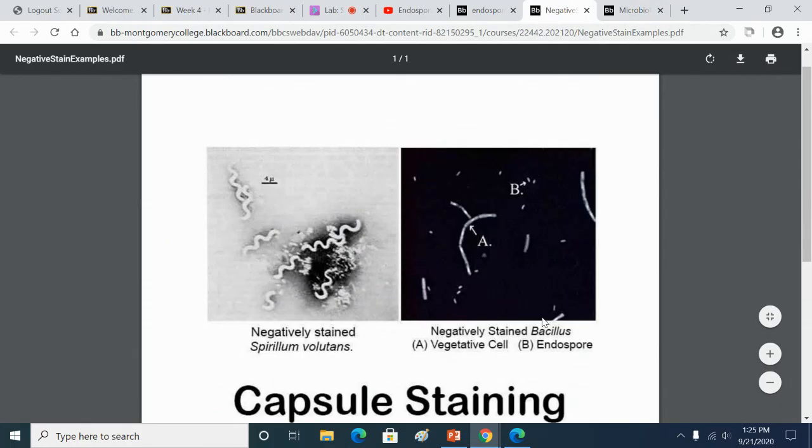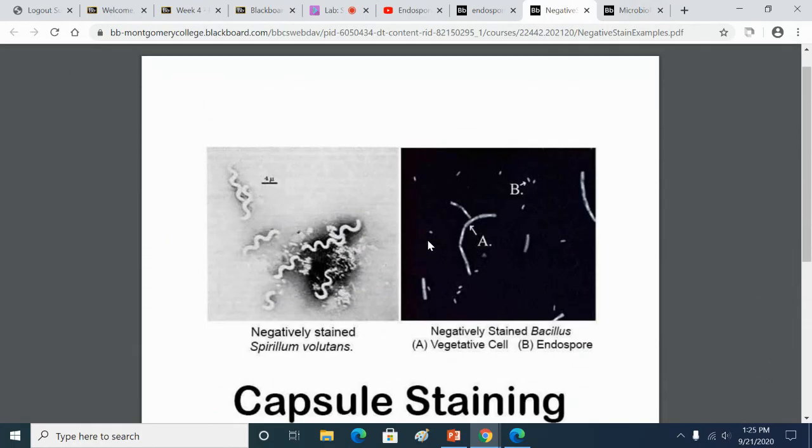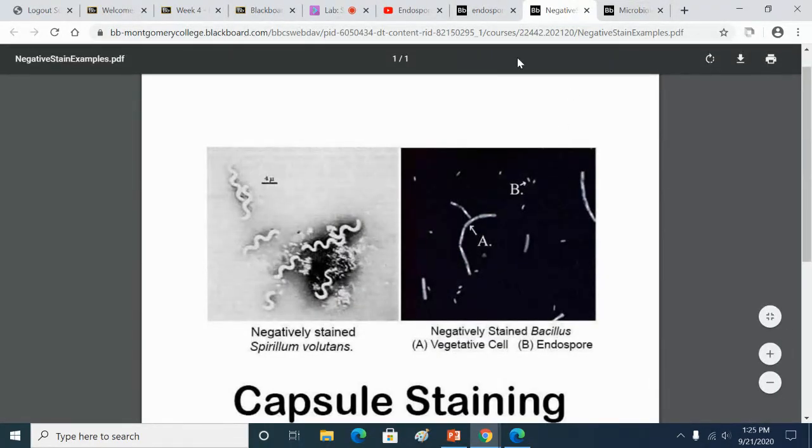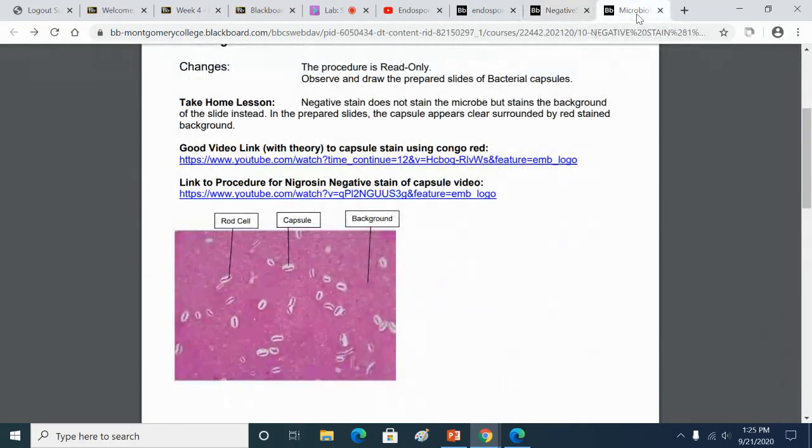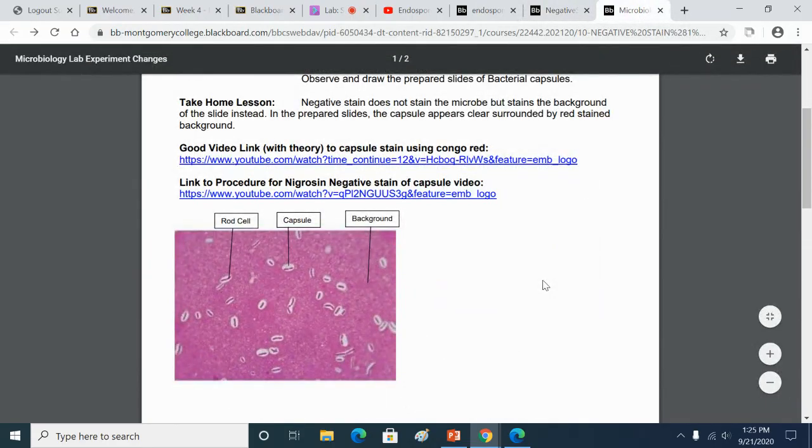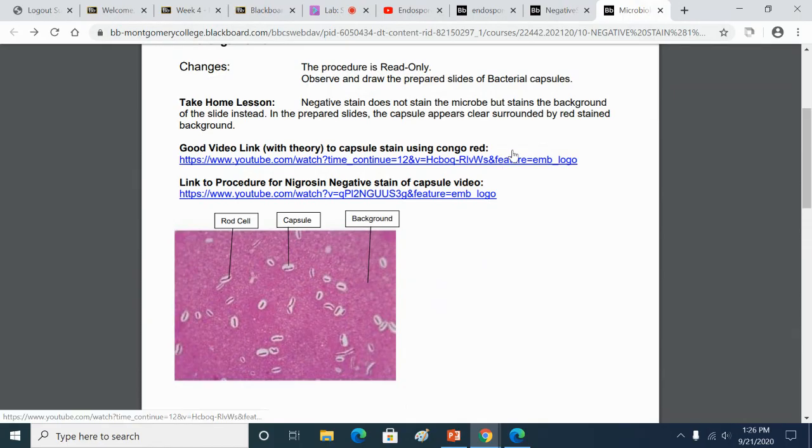And since this is Bacillus, we can also see spores, little spores all over. So, but the negative stain, whatever you're trying to see, is not being stained. But everything else is, and that's why you can see it. So let's watch the first video, which does talk about using Congo red and also about capsules in general.